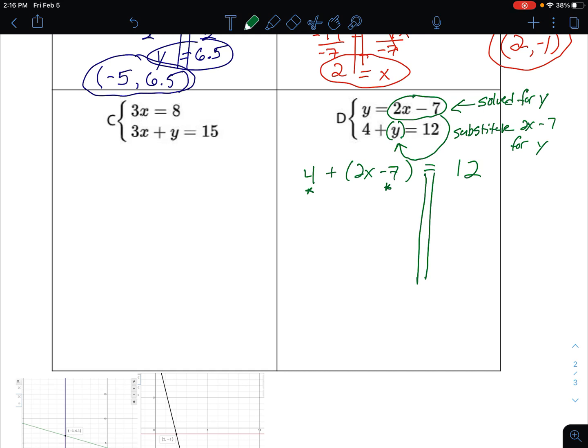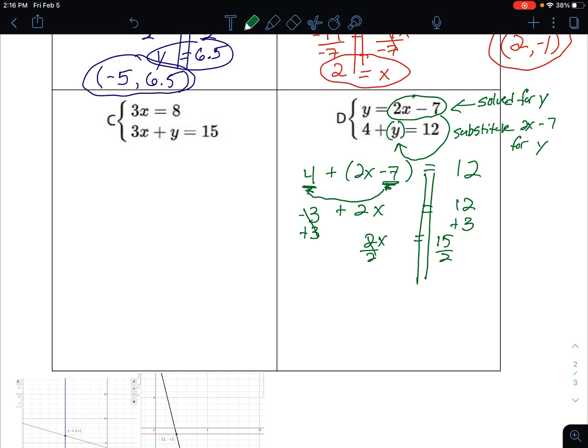But I can combine that 4 plus negative 7. 4 plus negative 7 is negative 3. So I have negative 3 plus 2x is equal to 12. And let's keep solving. So now we'll add 3 to both sides. So 2x is equal to 15.